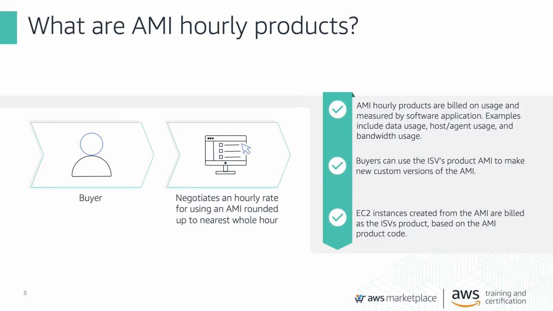Buyers can use these AMI products in the same way that they use other AMIs in AWS, including making new custom versions of the AMI. EC2 instances created from the AMI are still billed as your product based on the AMI product code. For more information about IAM roles for Amazon EC2, see documentation in the resources section of this presentation.